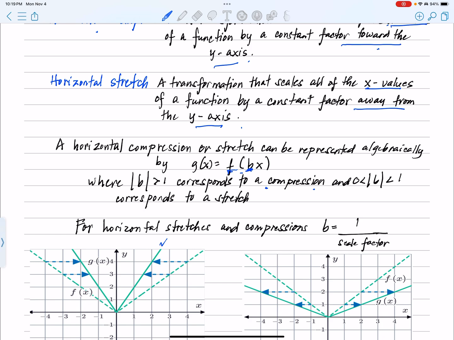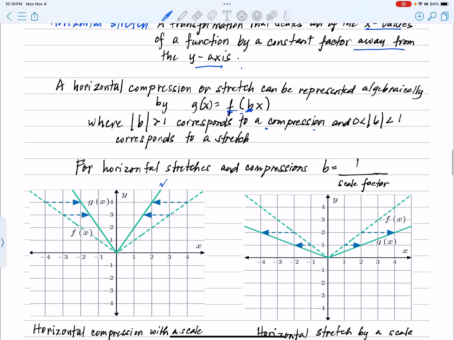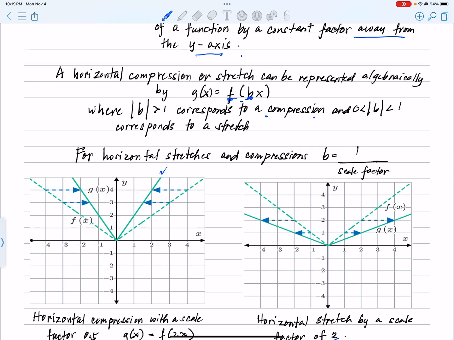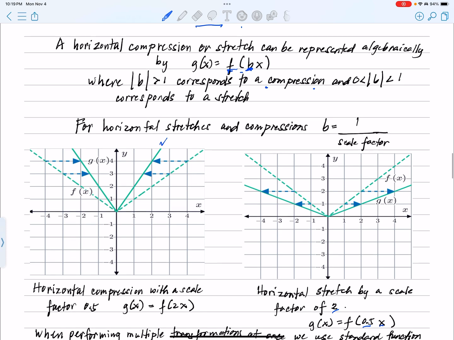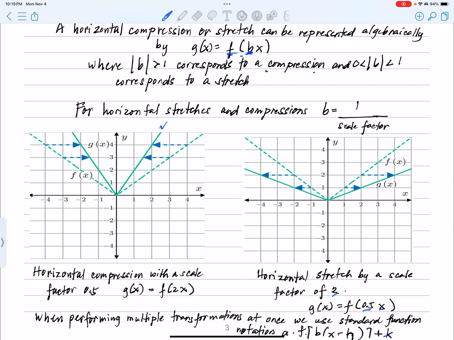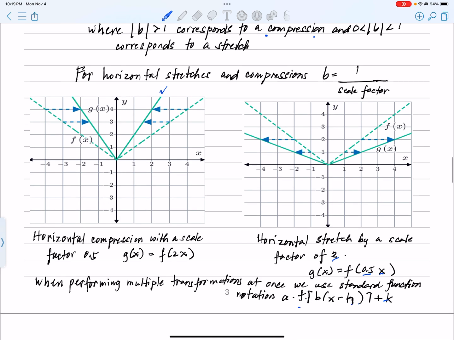So the horizontal compression factor b equals 1 over the scale factor for the stretch. We'll have more examples on this later on so that we can understand better. For horizontal compression, it is g of x equals f of 2x.